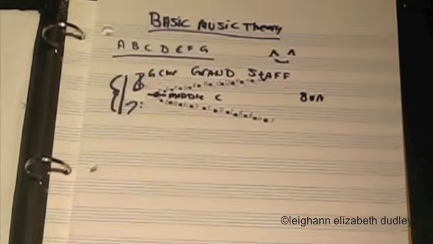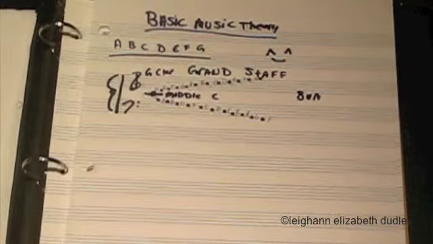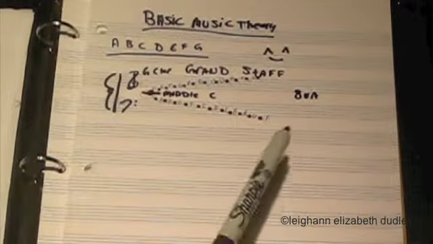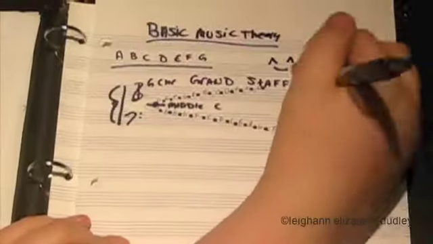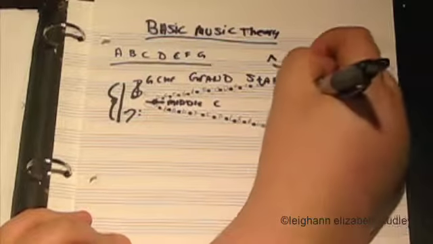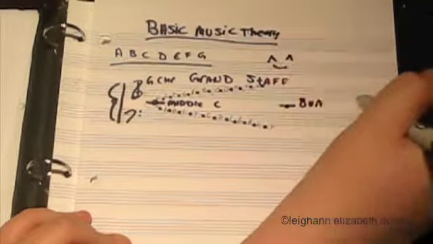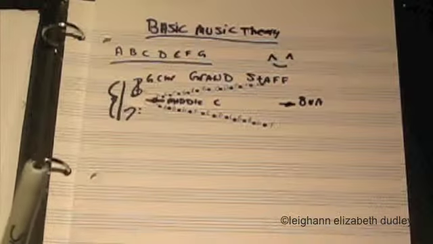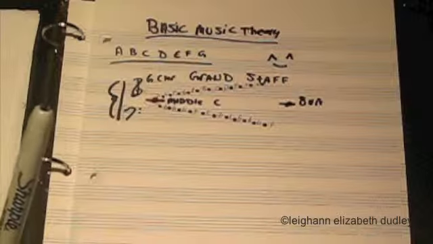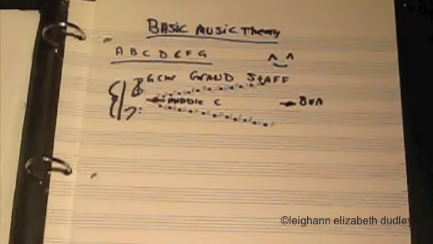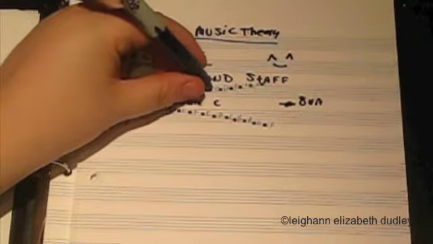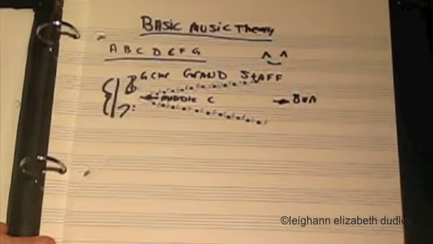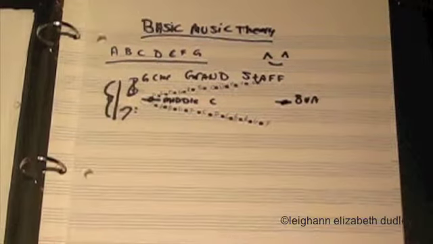So if you have middle C and you want to go up to the octave above that, you could have the note on middle C, and it would say 8va, which would mean you would play it up here, which is also equivalent to space C up there. So that is how you use the octave symbol.